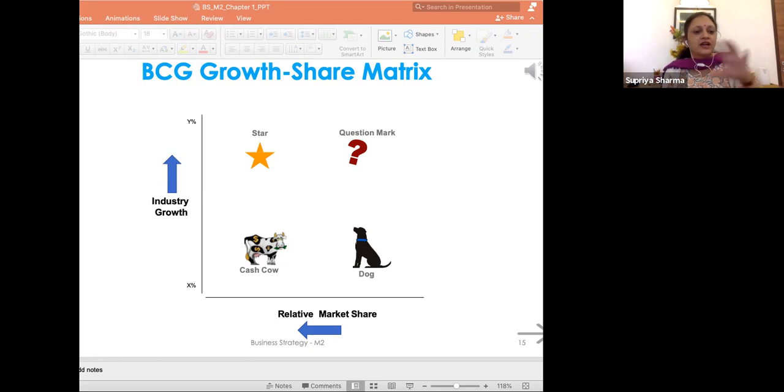It's my star because I can see my future. A child who's studying very well, you would like to invest more money in very willingly and happily because you know that eventually this child will give you great returns. As a parent I will do it for all, but here the parent is the organization.